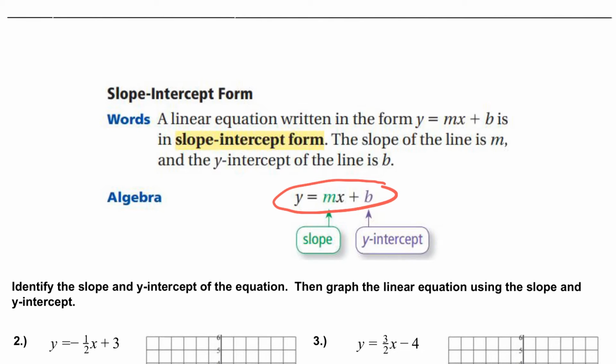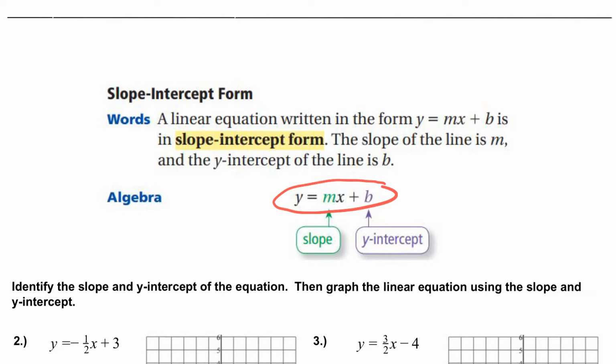And we'll talk about what the y-intercept means here. But basically the y-intercept is where our graph crosses our y-axis. So knowing this formula, y equals mx plus b, where m is our slope and b is our y-intercept, it becomes really easy, a lot less work to graph these linear equations.